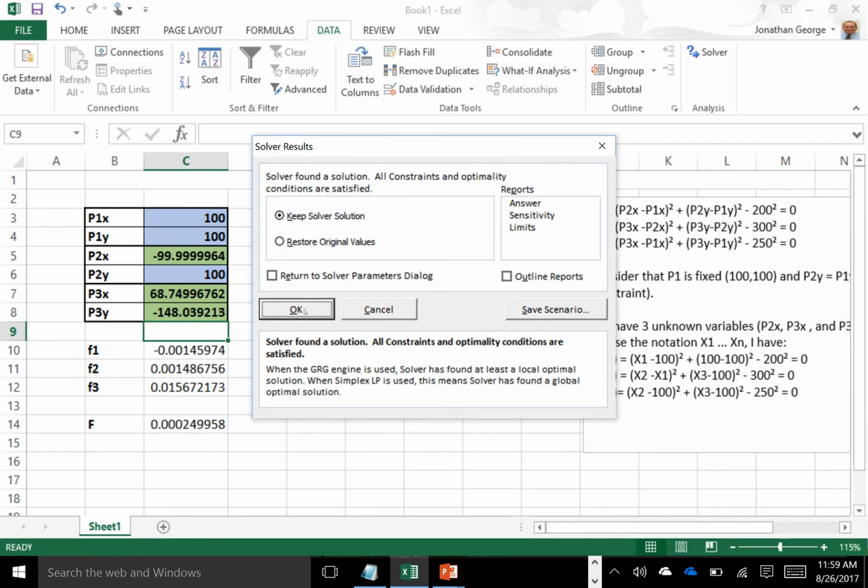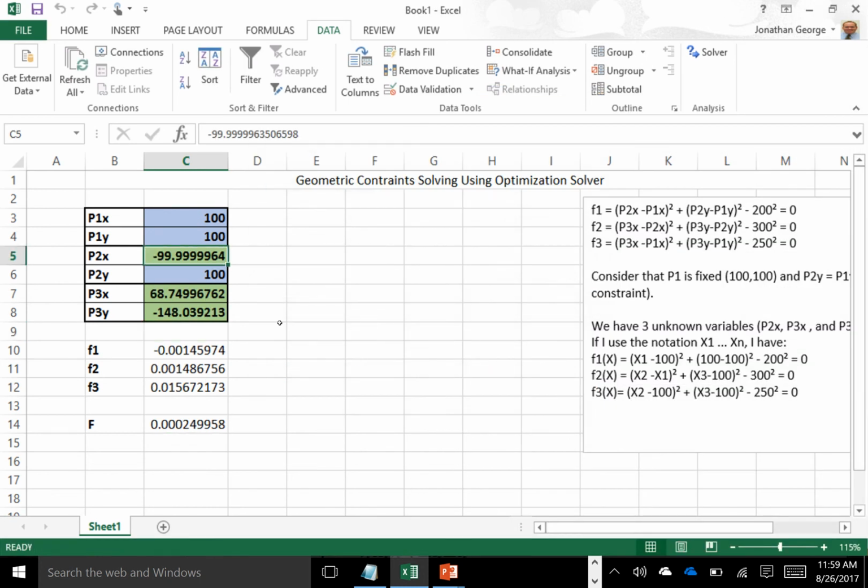And we'll see, hey, there's another position, negative 168.7 and negative 148, that also is a valid solution to this system of constraints. This is why initial conditions are so important in solving these equations, especially when we're using a sketch for a piece of CAD software or something like that.